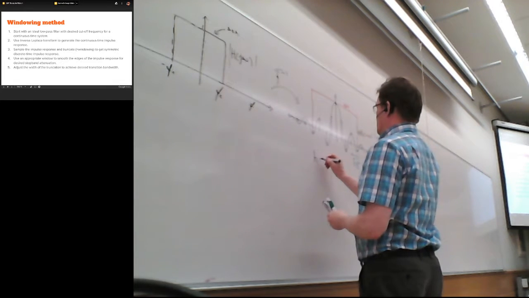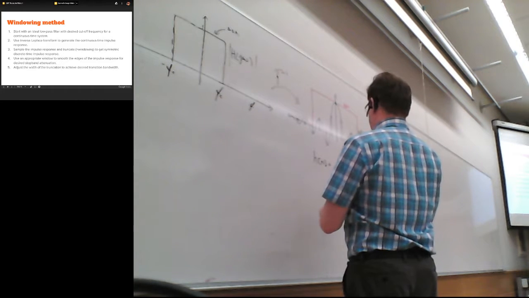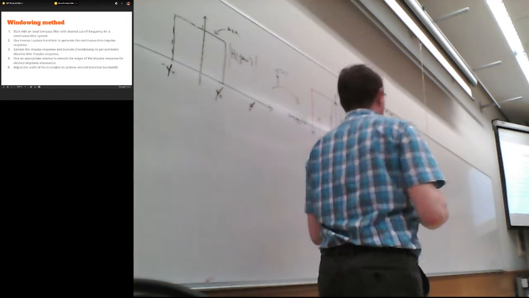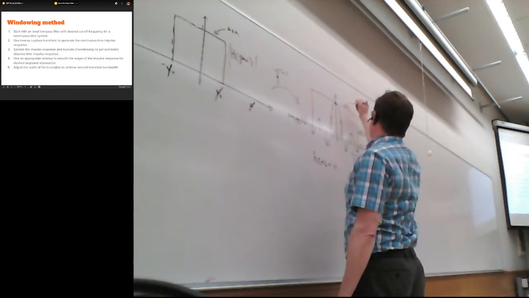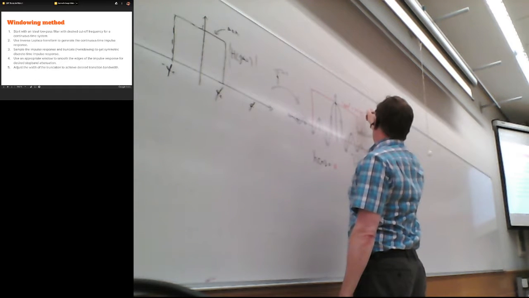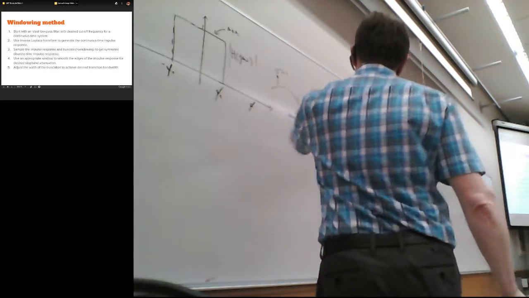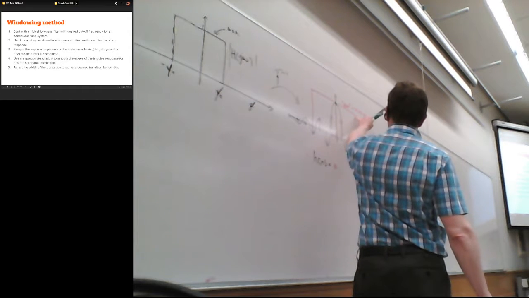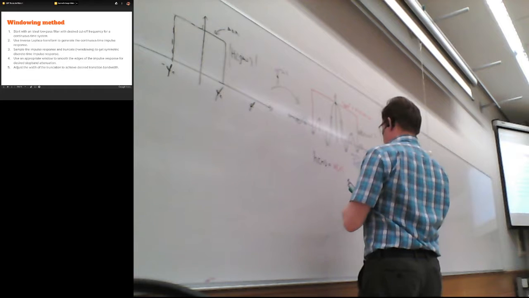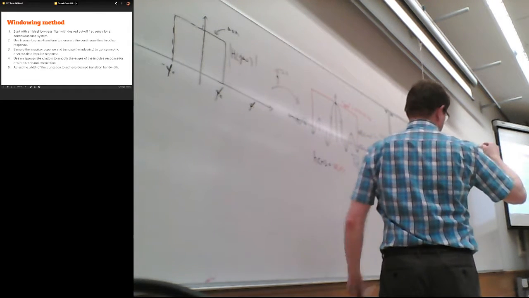So that h of n is actually that box, this is my window at this point. So the windowing method, this is the window, the first window which we are using, w(n) times the sinc.